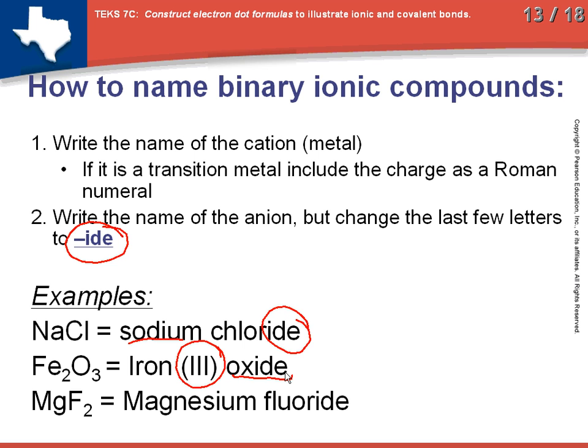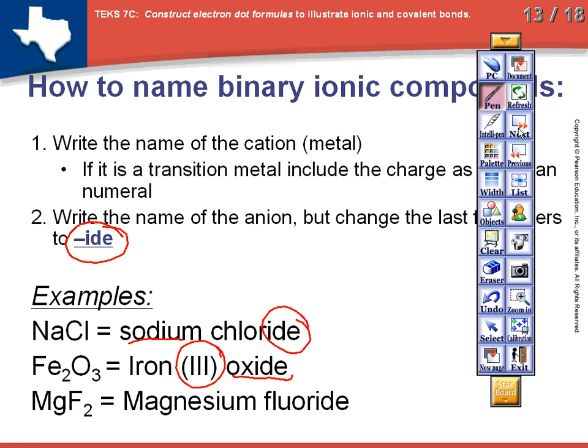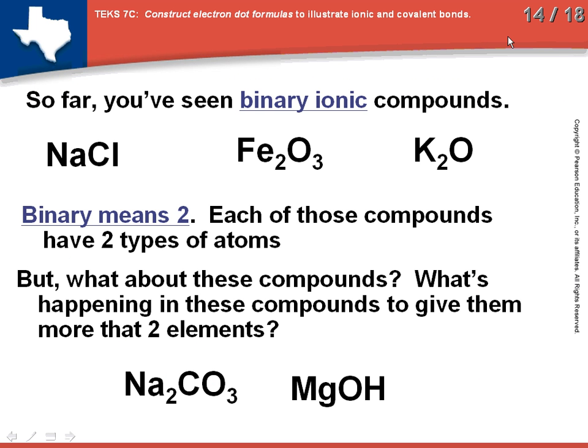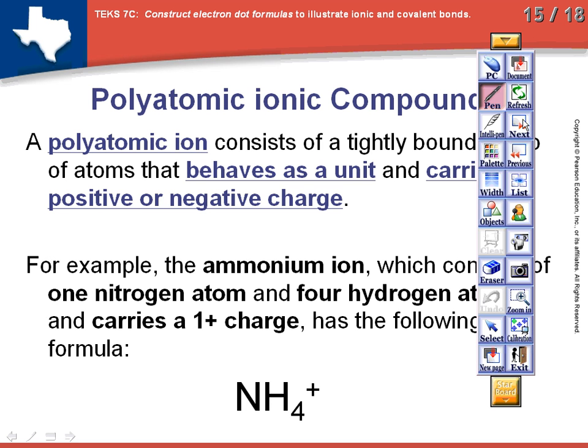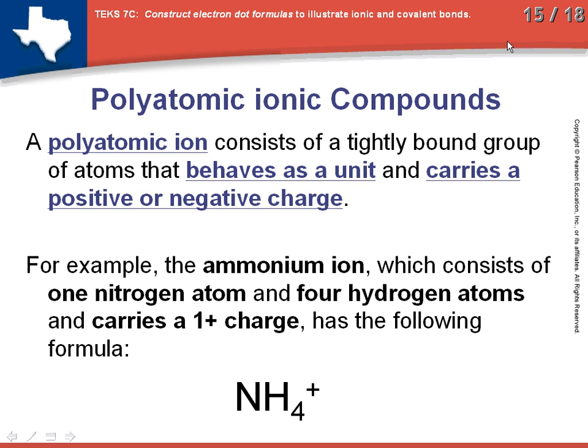Sometimes not everything is a simple binary ionic compound. Sometimes you have something called a polyatomic ion. You'll see more than 2 elements within an ionic compound. That's because there are things called polyatomic ions, and there's a whole list of them. Basically, a polyatomic ion is like a compound that carries a charge.